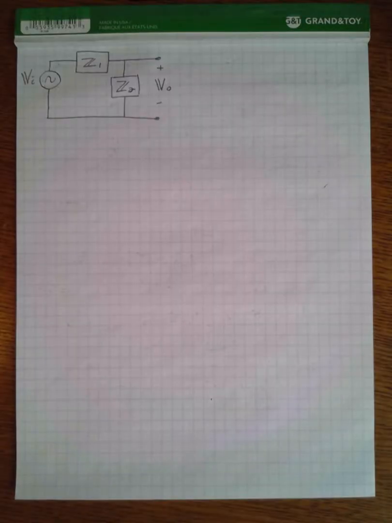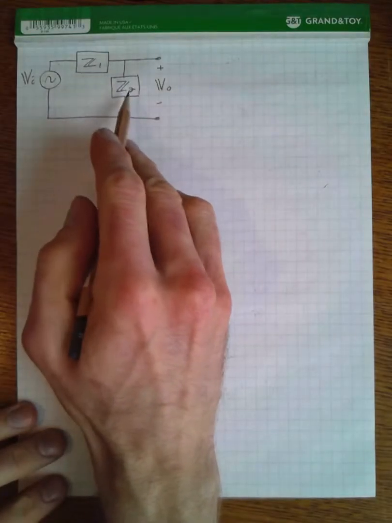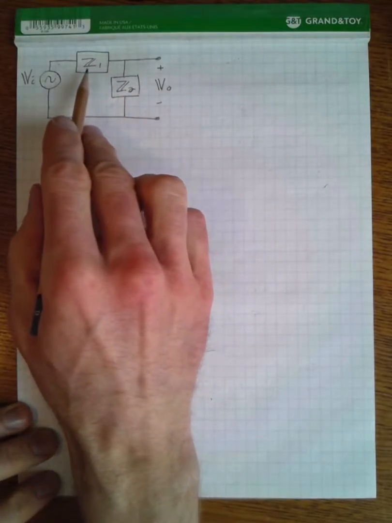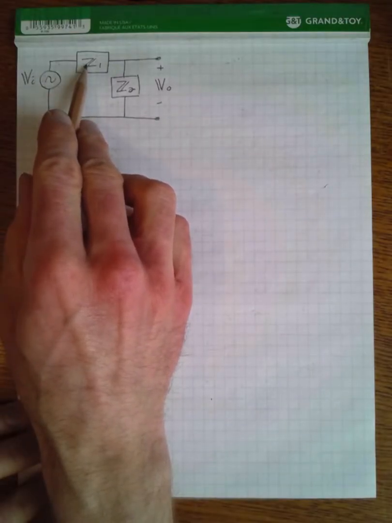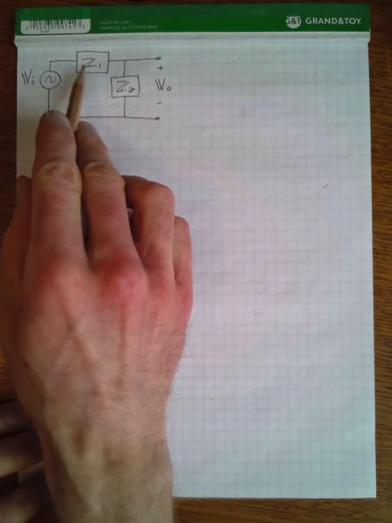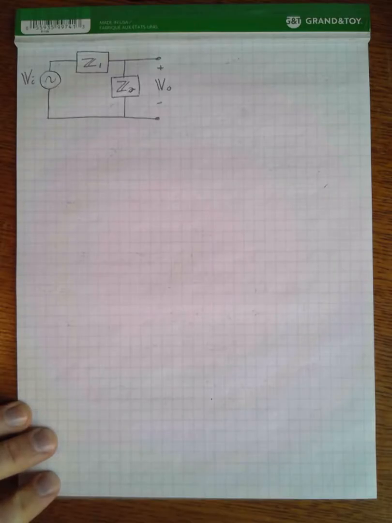Another really nice thing about this complex impedance phasor analysis is that we can just completely forget about the fact that this component is a resistor and this component is a capacitor, and we can just draw them as black boxes with a certain complex impedance Z1 and another complex impedance Z2.